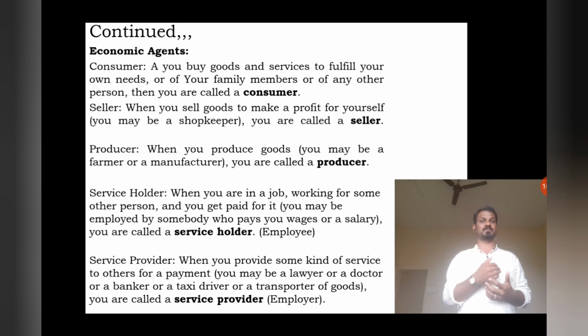Like seller. Here we call someone a seller when you sell goods and services to make a profit for yourself.